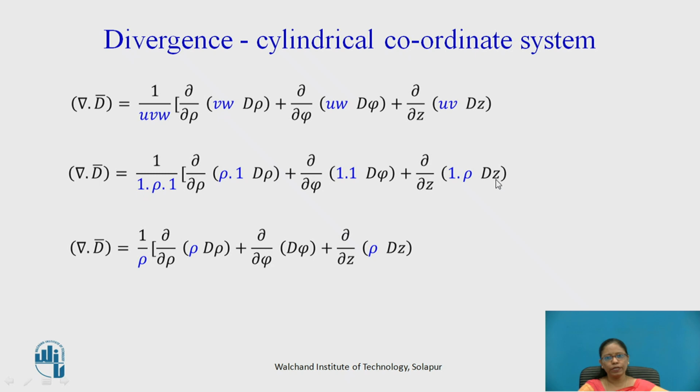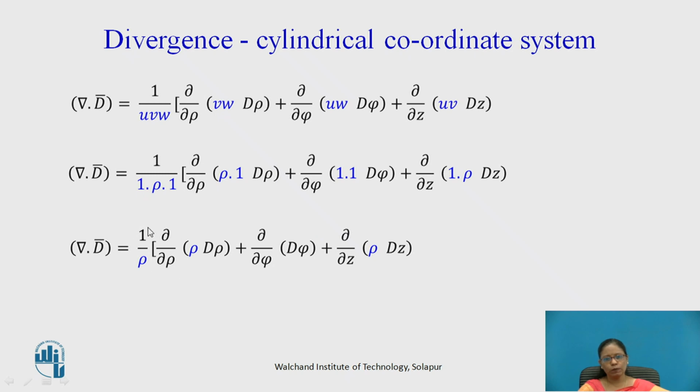Likewise, I go on putting all these things, and when I simplify, I get del dot D bar as 1 upon rho into dou by dou rho of (rho D rho), plus dou by dou phi of (D phi), plus dou by dou z of (rho Dz). Beyond that also I can simplify, because this rho has nothing to do with the derivative with respect to z. So, this rho will be coming as a constant outside.